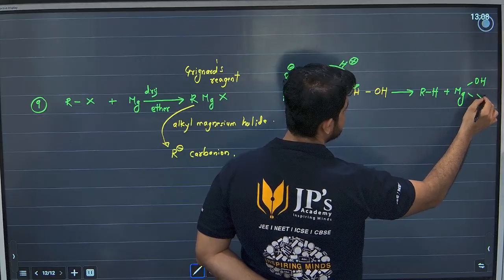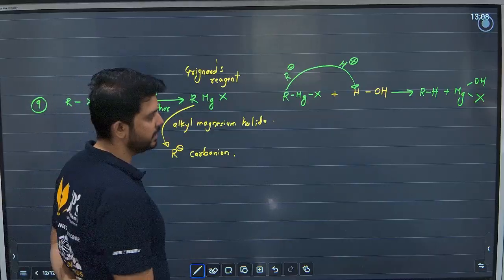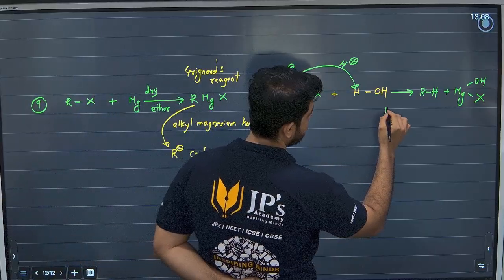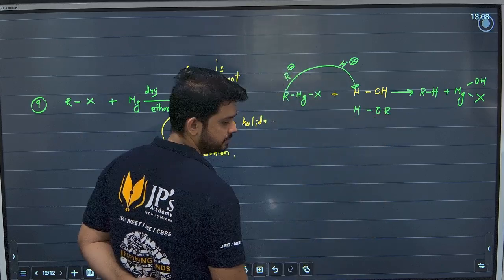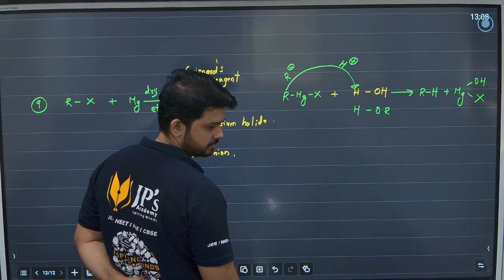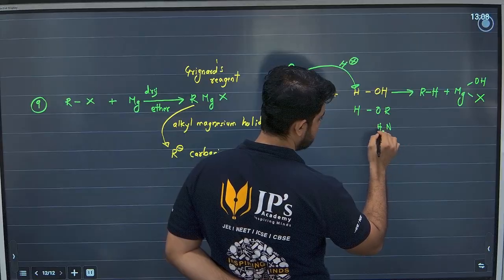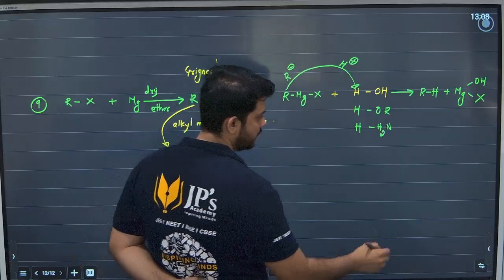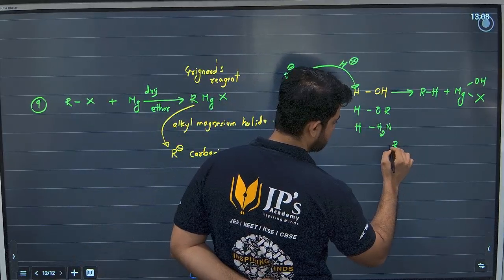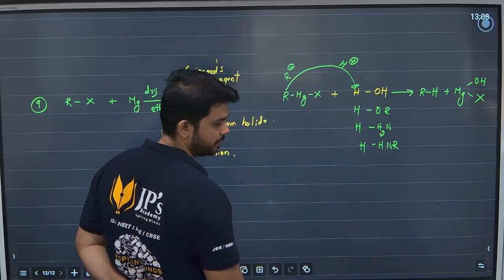plus Mg OH. Can I use only H2O? जहाँ पे भी R मिलेगा, H मिलेगा, so I can also use ROH, or I can have NH3, or I can have RNH2 primary amine.